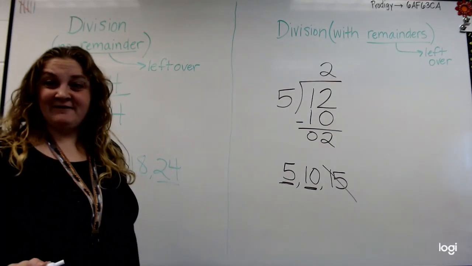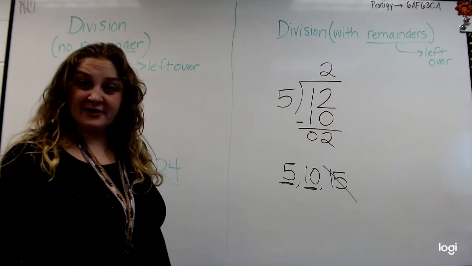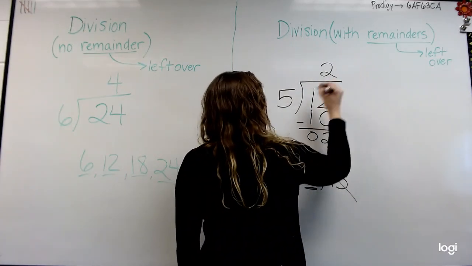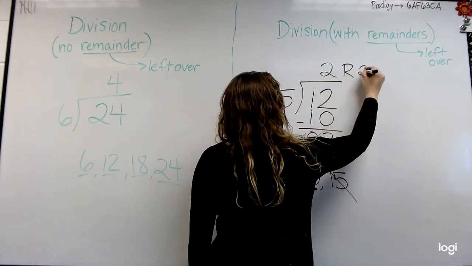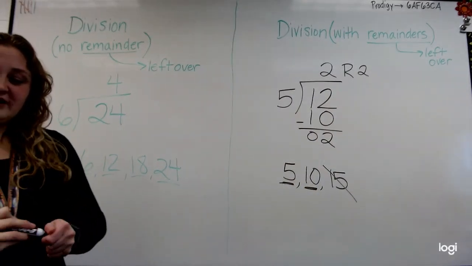I have a 2 left over. Okay? So what do I call that? It's my remainder. So I can't just leave it down here, or my answer's wrong. I have to put 2 5s will go into 12 with a remainder of 2 left over. That's my answer. All right, let's try it again.